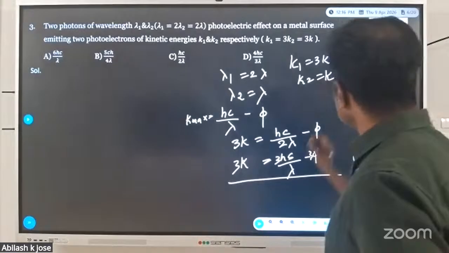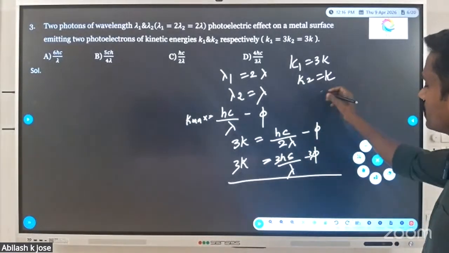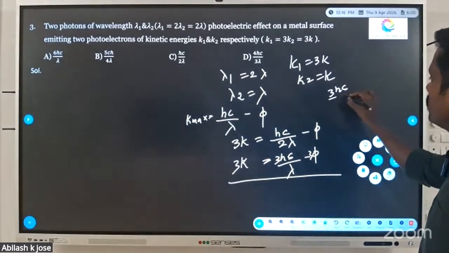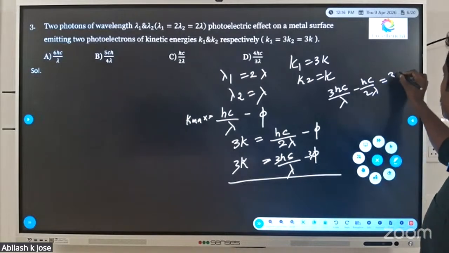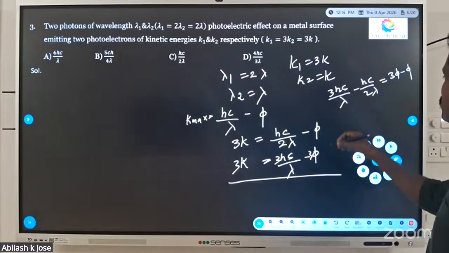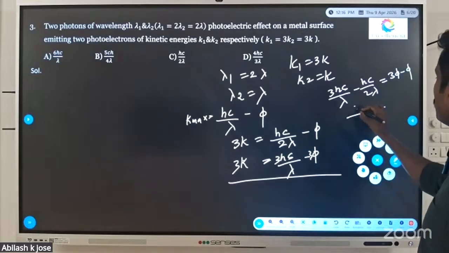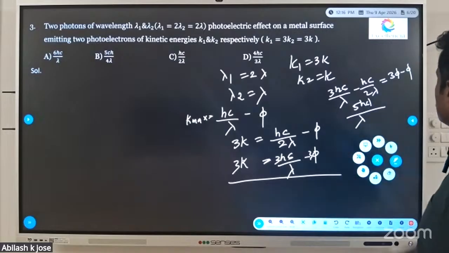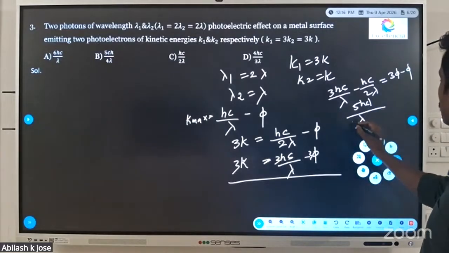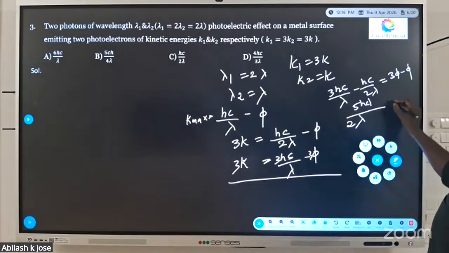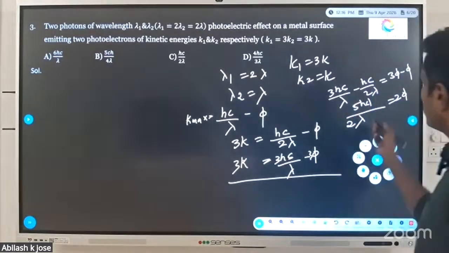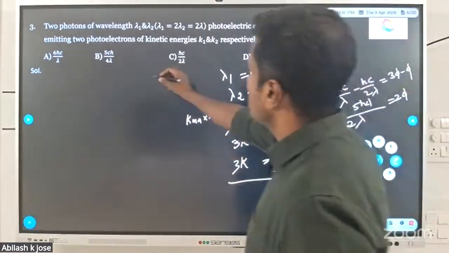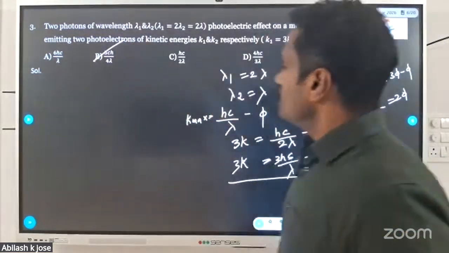We get hc by lambda minus hc by 2 lambda, which comes out to be hc by 2 lambda, equal to 2 times the work function, so the work function is hc by lambda.